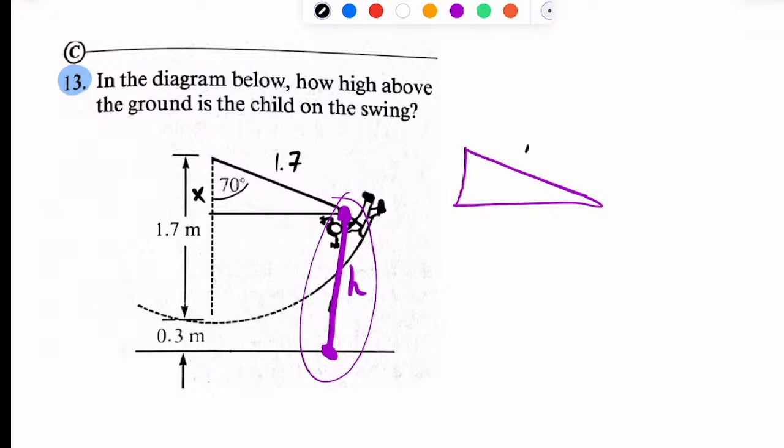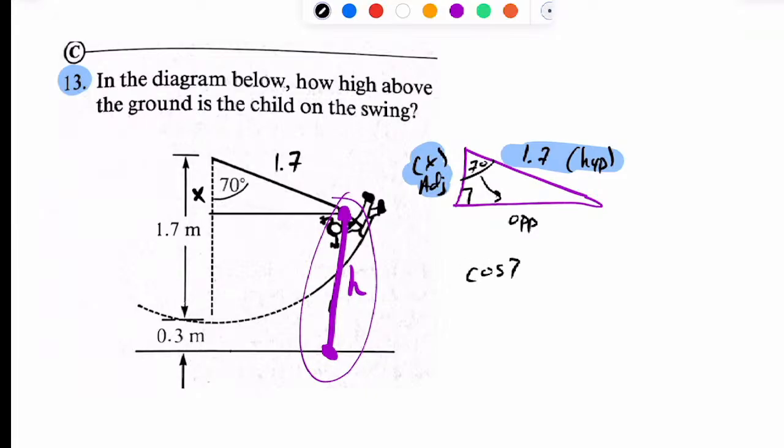But we've just identified that this is 1.7. This is a right angle. And they tell me in the question this is 70. So this is just a basic right angle triangle to solve. This is my opposite. This is my hypotenuse. And this is my adjacent. So this involves the hypotenuse, and I want the adjacent. So I'm going to highlight that. That involves the A and the H, so it's going to be cos.